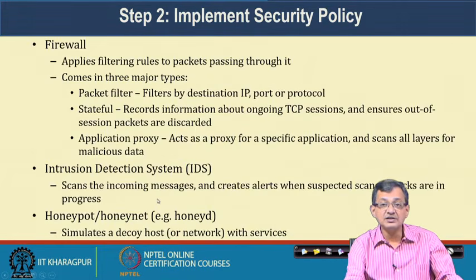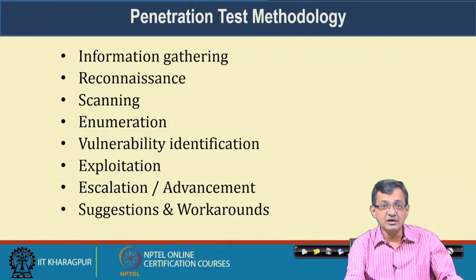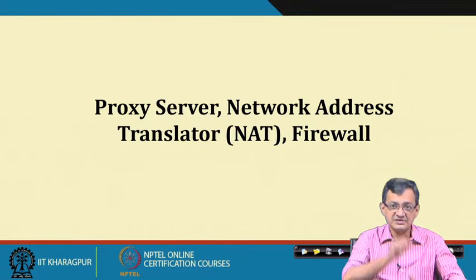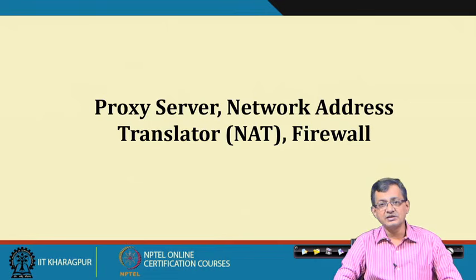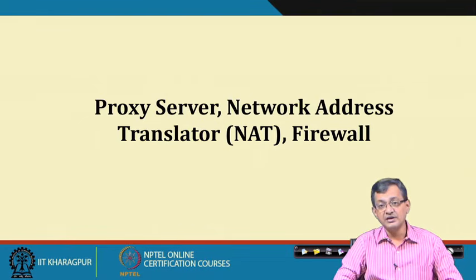We try to see what the different properties are, whether something can help us in achieving better security features. Some of the things like proxy server, network address translator, firewall are some of the features. To be clear at the beginning, not all of these things are primarily meant for security.